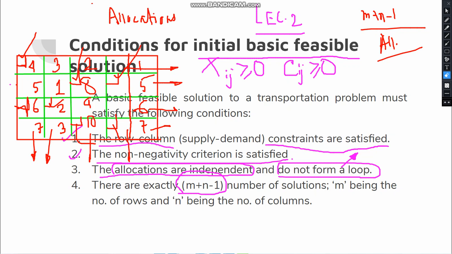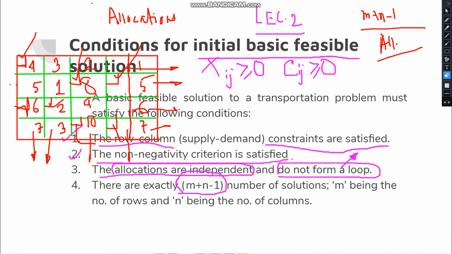Generally in transportation problems the number of rows and columns are not equal. The special case where they are equal is called an assignment problem. It is possible in transportation problems, but we do not generally encounter such problems.